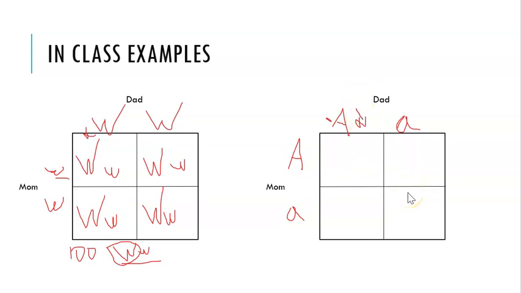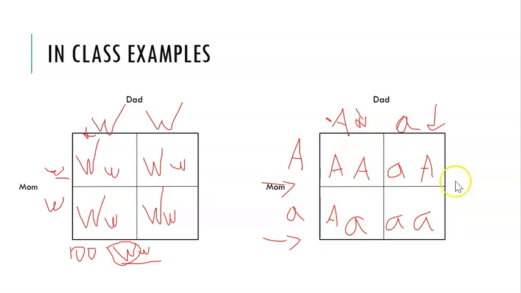We're going to make a big A in both, and then do the same thing and put the little a down. Now we're going to take mom's and go sideways: big A for mom, and sideways again for the little a for mom. Now we have different outcomes depending on what genes the kids get.